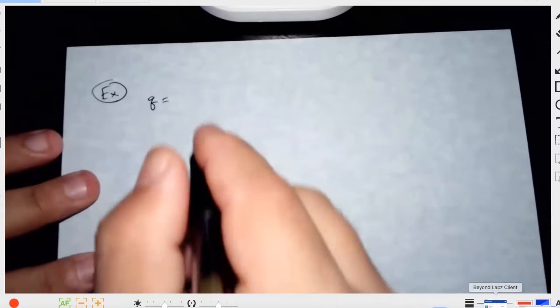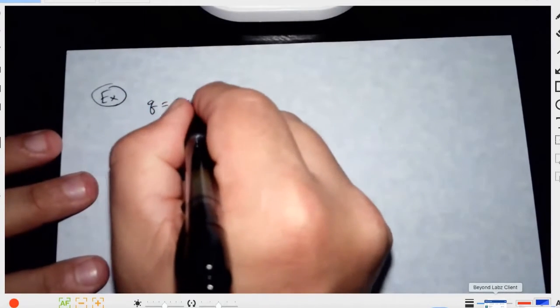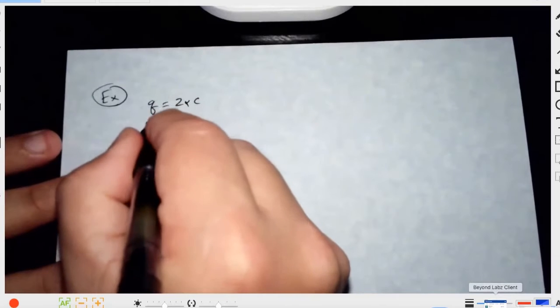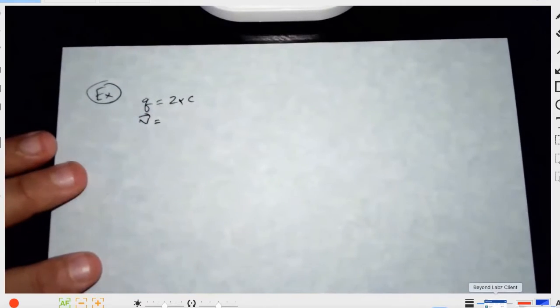Let's say a charge equal to 2 microcoulomb has some random velocity.